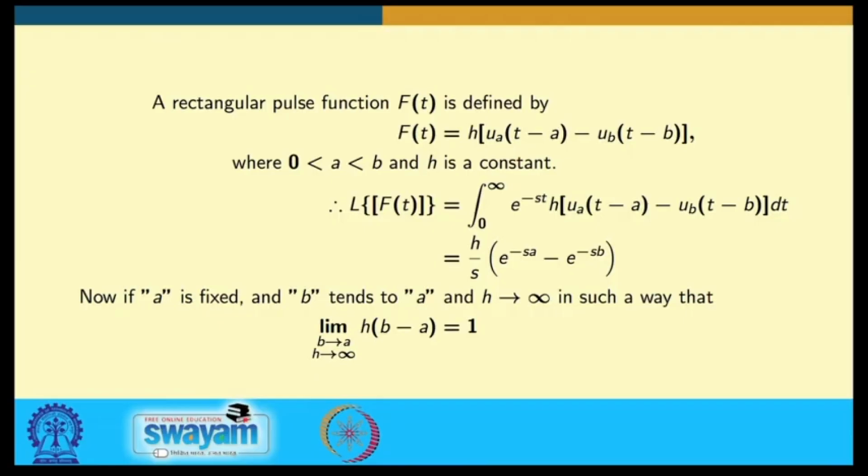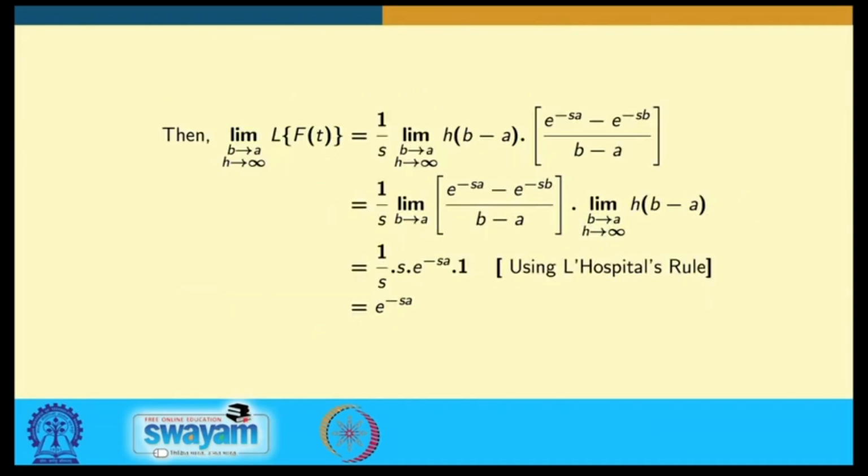So the limit as b tends to a and h tends to infinity of h into (b minus a) equals 1. Then, the limit as b approaches a and h approaches infinity of the Laplace transform of this is this, and if I evaluate, that part h into (b minus a) will be 1, and this value gives 1 by s into e to the power minus sa. So again I am getting the same result: the Laplace transform of the Dirac delta function is e to the power minus sa.